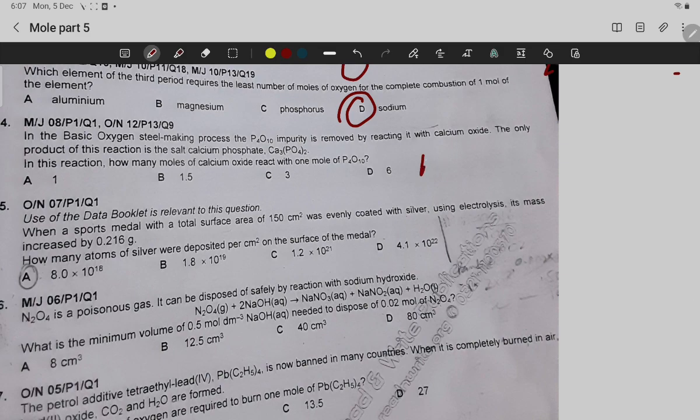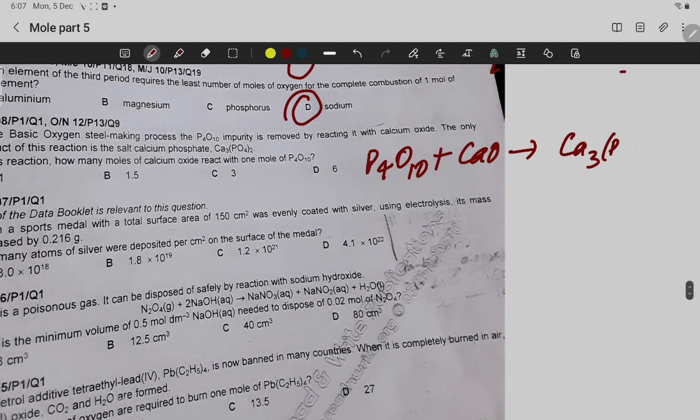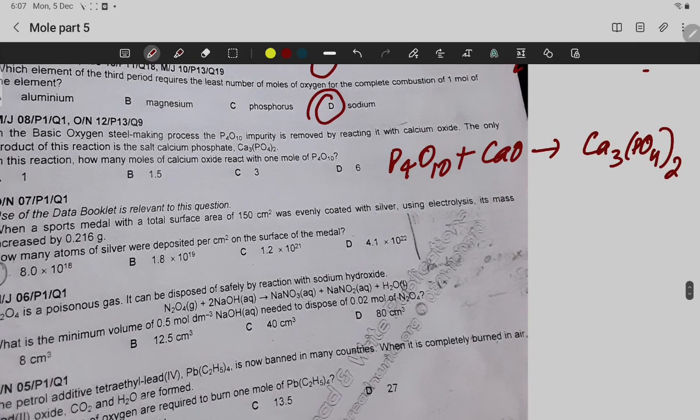P4O10 plus calcium oxide to form Ca3(PO4)2.